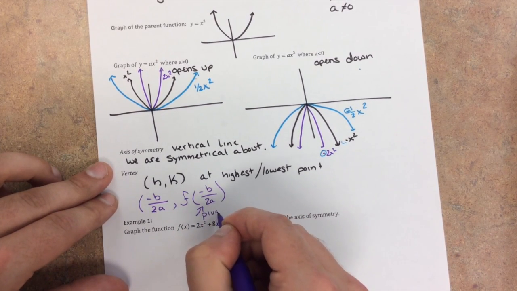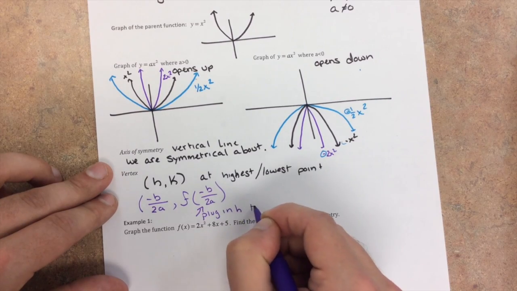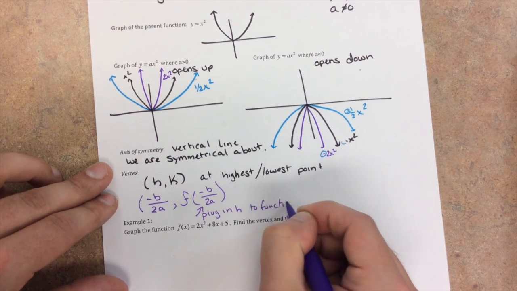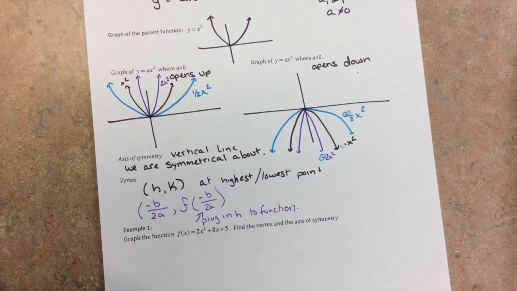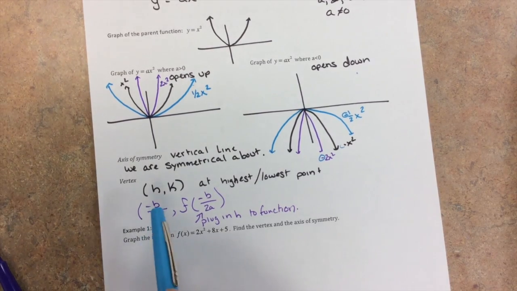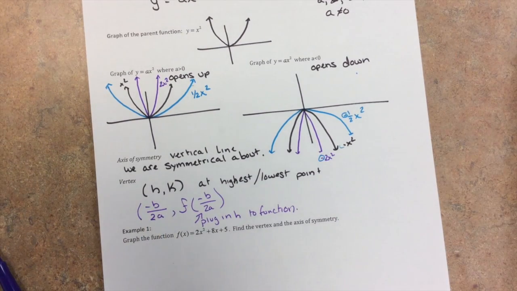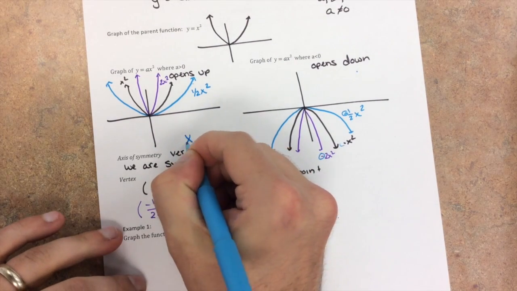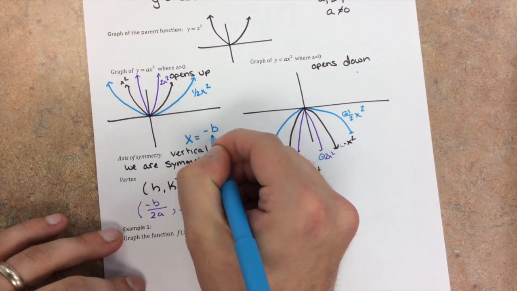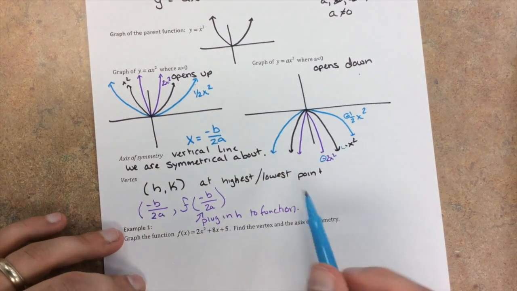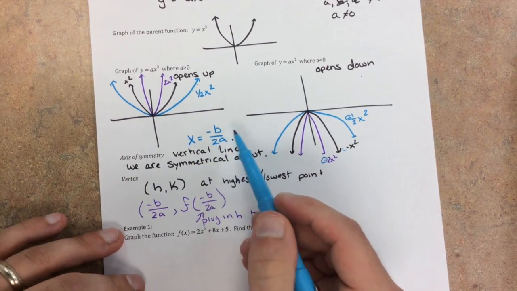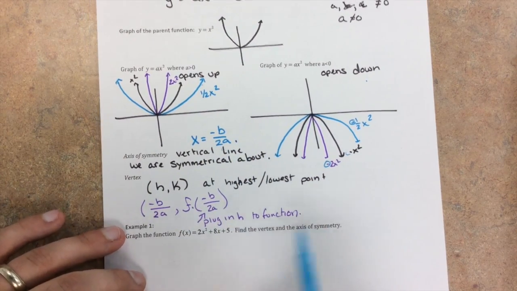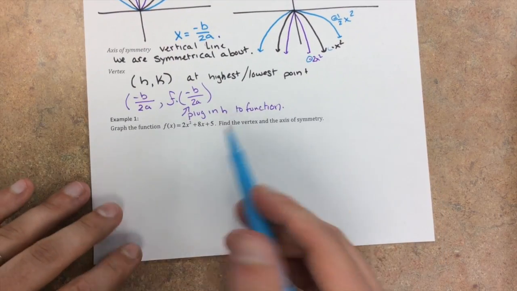So that says plug h into the function. That also means that the axis of symmetry passes through h. So the way we write the equation for a vertical line would be x equals negative b over 2a. So this is our axis of symmetry. This is our vertex. Okay.